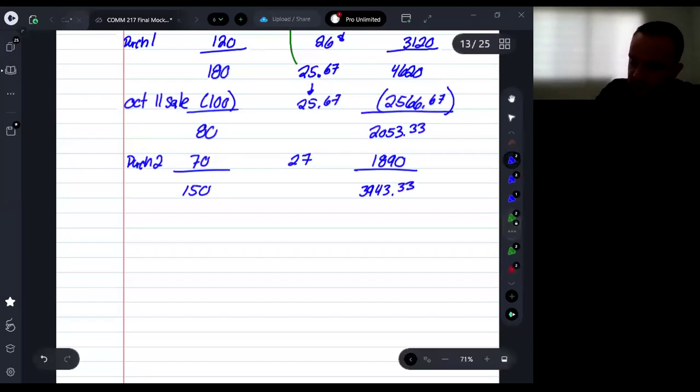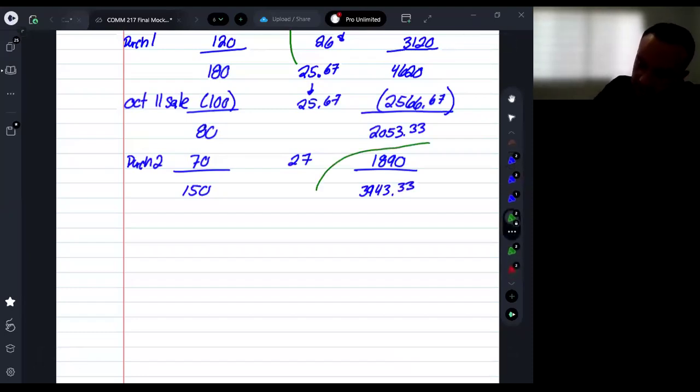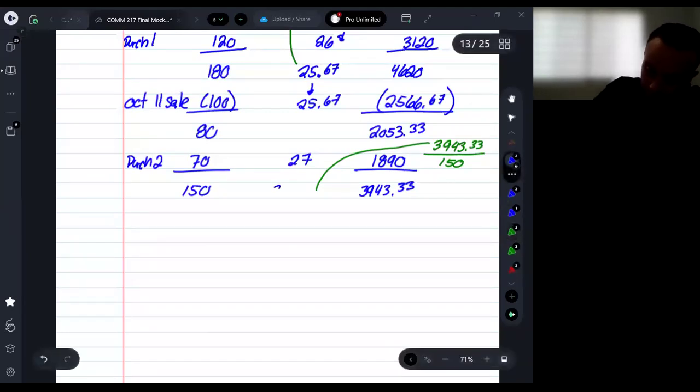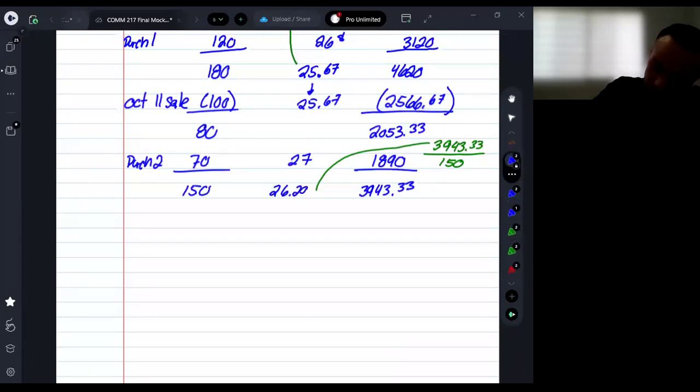And now we have a sale. So since we have a sale, it's time to make a unit cost. This much money was spent on 150 units. $26.29.